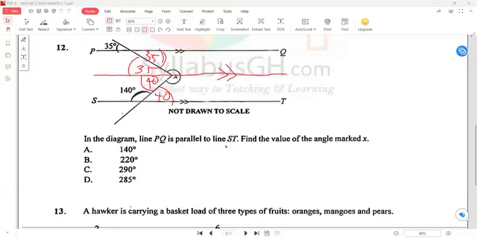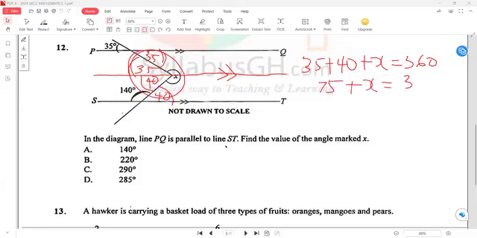So at this point in time, the 35, the 40, and the x are angles that meet at a point, so they add up to 360. The 35 plus the 40 plus the x should sum up to 360. So 75 plus x is 360.